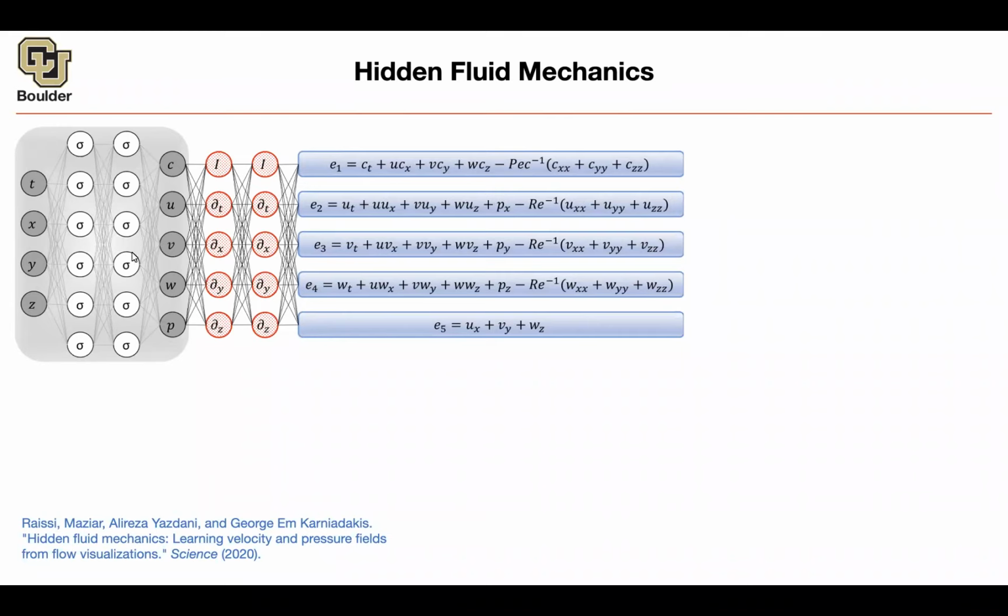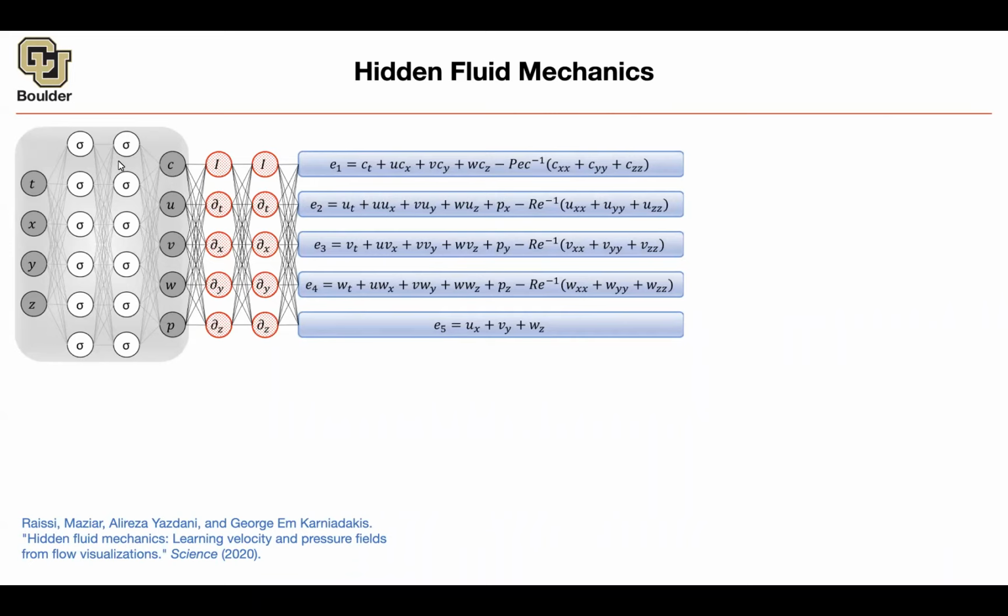And our neural network was outputting U, V, W, and P. We are going to make a slight modification. We take C as the input. We put it as the output. And these sorts of ideas, you see them when you're doing deep Q learning for reinforcement learning. You take your input, put it as the output.